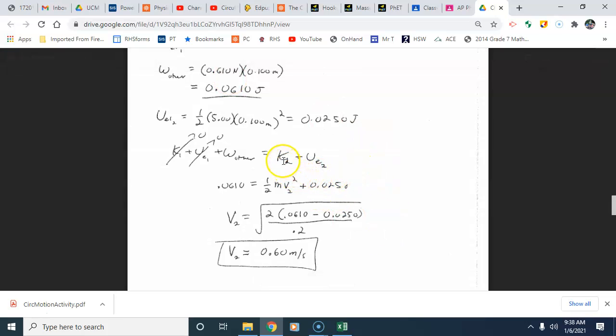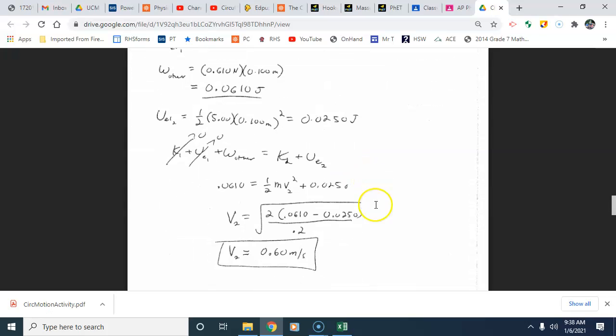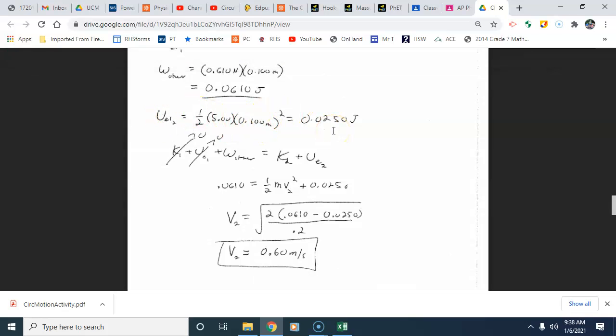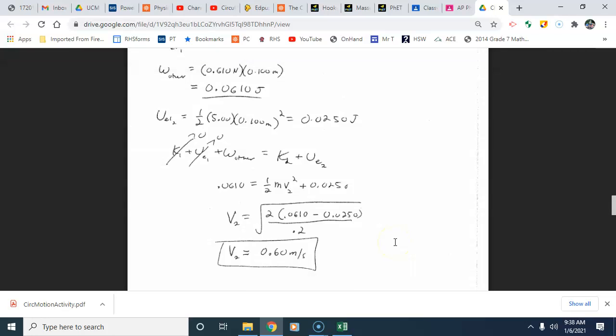So it'll equal K2 plus UE2 at the 0.1 position. So at the 0.1 position, U elastic 2 is 0.025. I plug in the formula for K because I need to solve for v. I rearrange it and find that v is 0.6 meters per second.